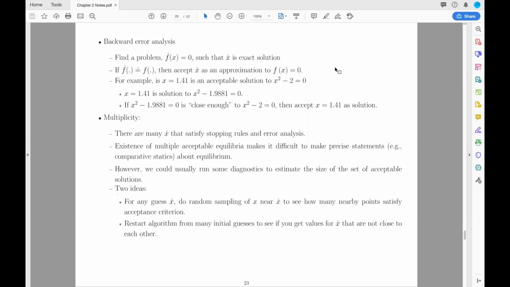One agenda I have is to push the idea that part of the verification procedure you use is to examine the set of x's that would also be accepted as a solution by your method. Okay, thank you.